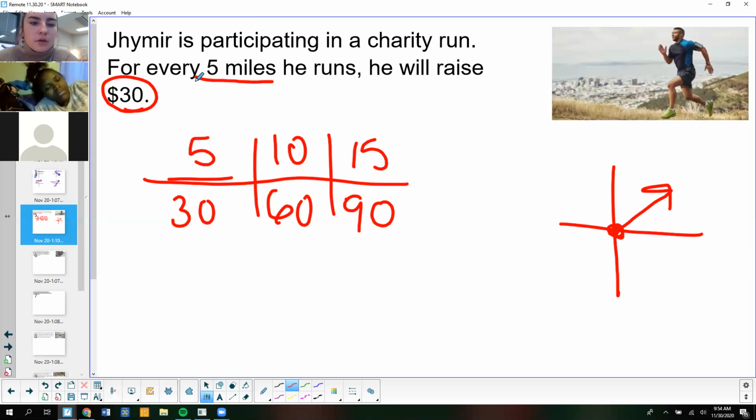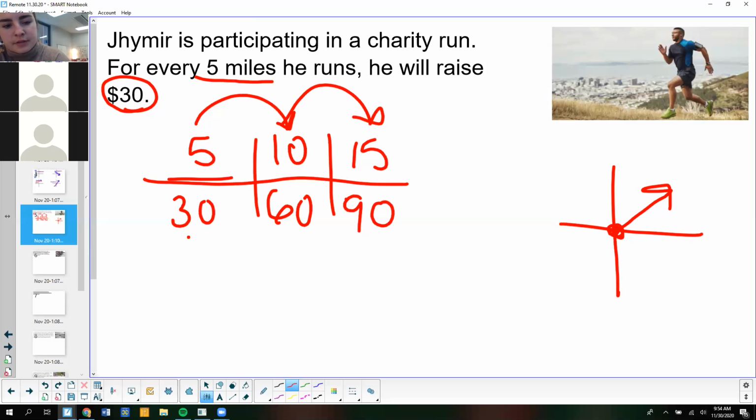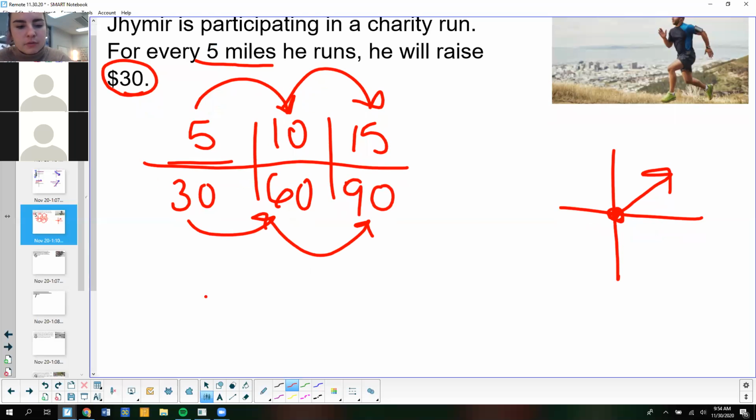Gotcha. What I want you guys to get from this, and it'd be easier if we were in person because I have some good visuals, is that if something is increasing at a constant rate, so this is moving by 5s and this is moving by 30s, this is a proportional relationship. For this, we could write an equation.